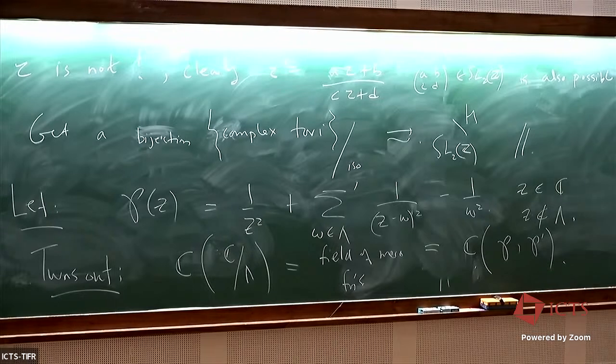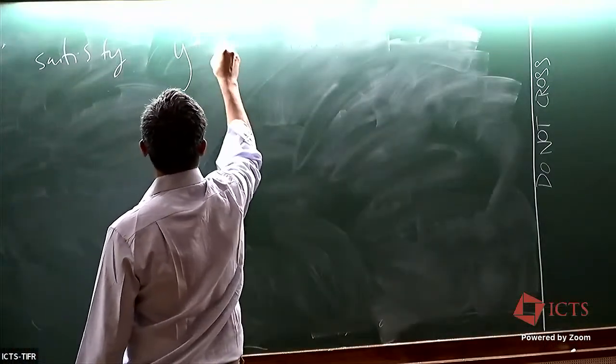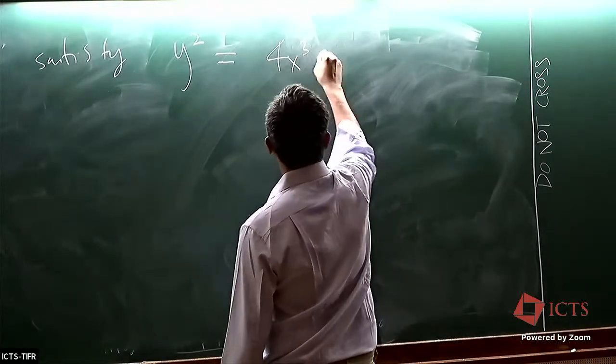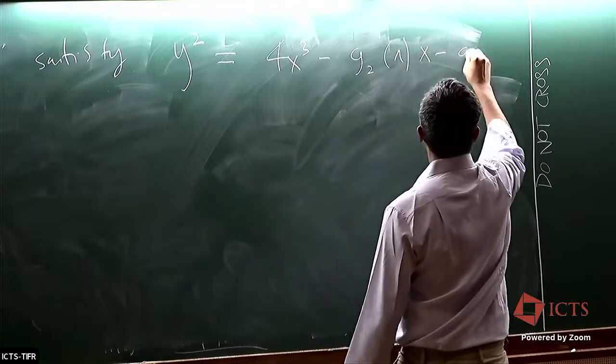But the point is that these maps, P and P prime, satisfy the following cubic equation: y squared equals 4x cubed minus g2 of lambda x minus g3 of lambda.